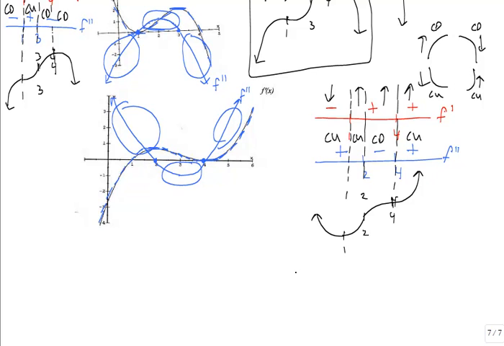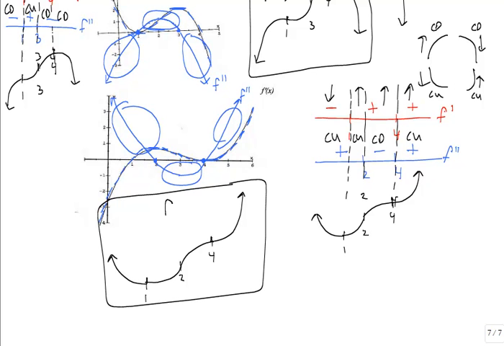So my graph of f is going to look something like this. We have a min at 1, we have a point of inflection at 2, and another point of inflection at 4, and it's going to have this shape. So there is the graph of f of x.